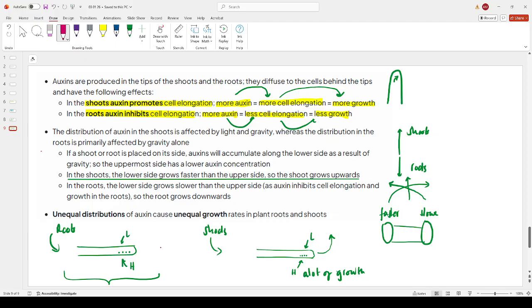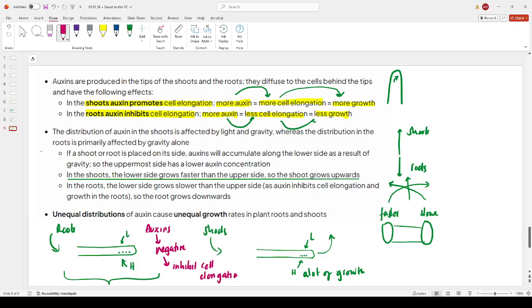Yeah, so if you remember, with roots, what impact do auxins have on the root? Is it a negative response or a positive response? On the roots, it's a negative response. Very good. So if it's a negative response on the roots, do auxins inhibit or promote? They inhibit cell elongation.